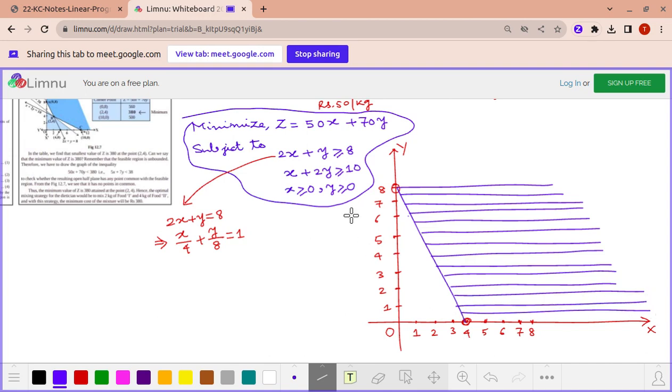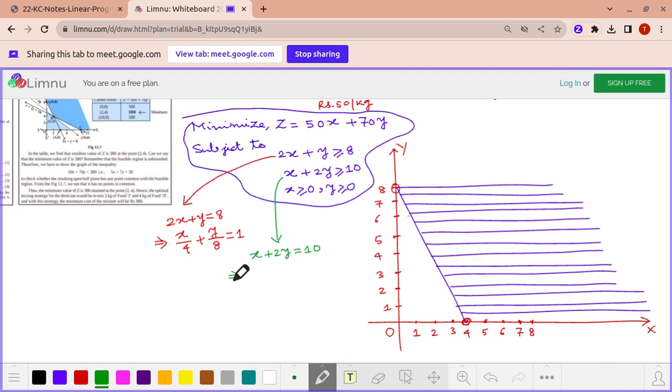Next one is x plus 2y greater than or equal to 10. So, let me use a green color here. In the straight line you will write equal to 10.